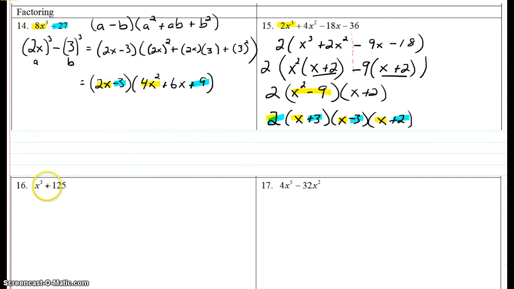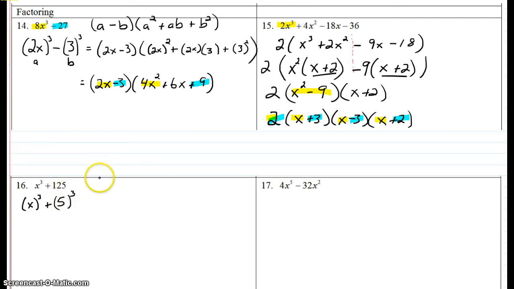Alright, over here we have x cubed plus 125, so can we write this as cubes? That's good. And then does something cubed give us 125? The answer is yes, 5. 5 times 5 is 25, and 25 times 5 is 125.